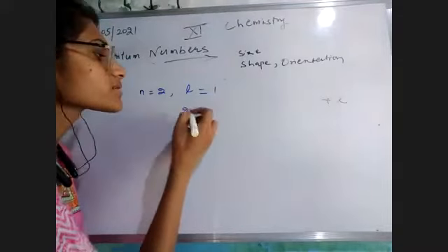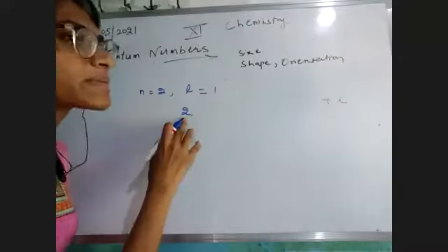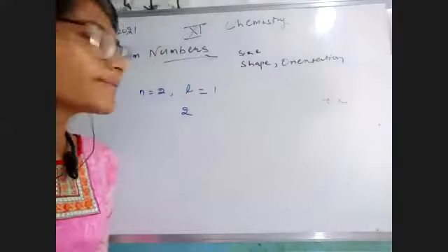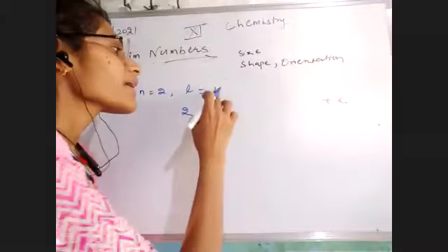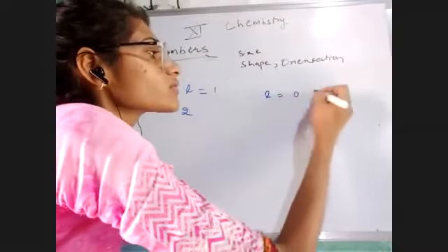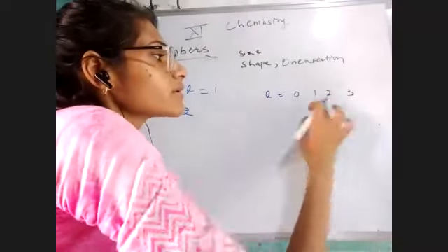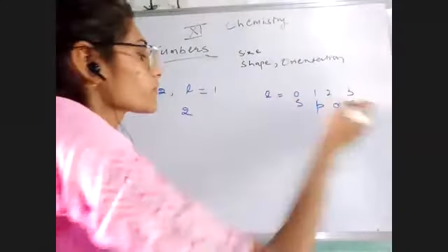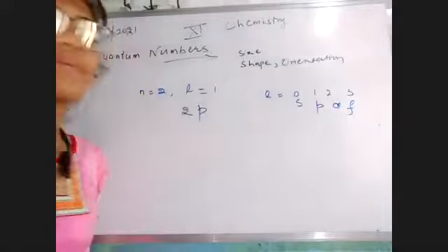So 2 is the principal quantum number, which represents the actual shell. It could be K or L, so it is L. And l equals 1: 0, 1, 2, 3 means s, p, d, f. So it would be 2p. So simple it is.